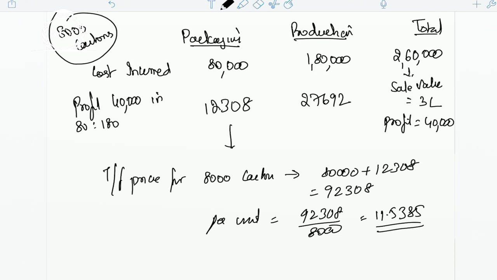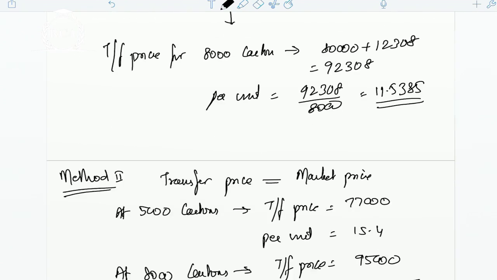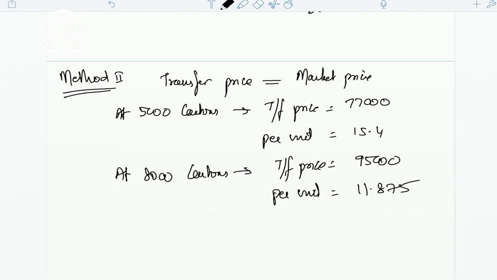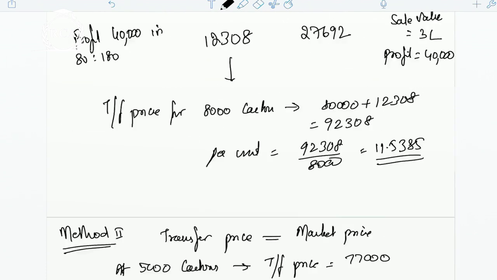You all done with this? Copy this. Finally, we'll now compute profitability statements. I hope you're all done with this.